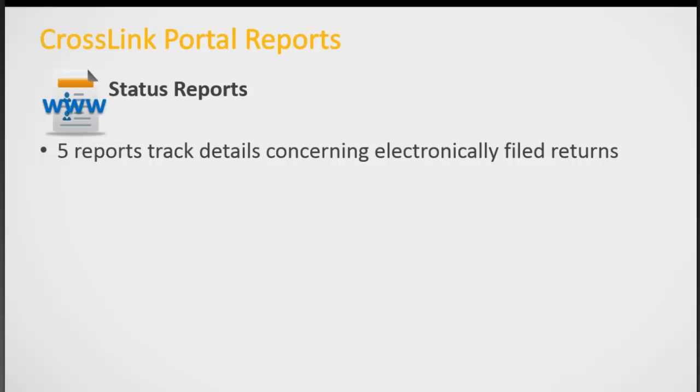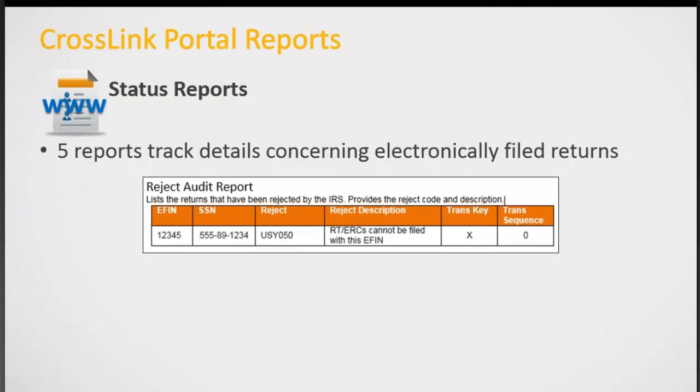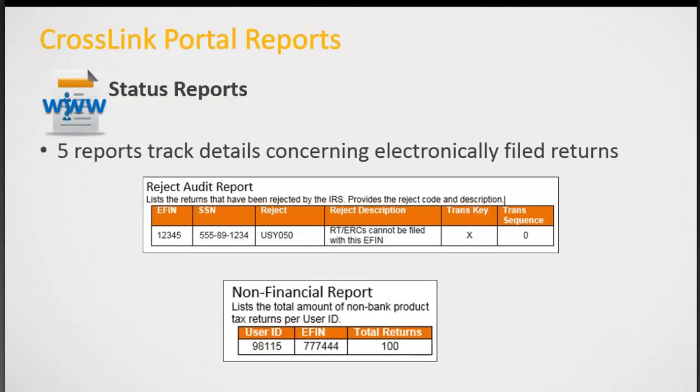Lastly, on the customer portal, we have status reports. Our number one call to support has to do with the statusing of tax returns. Where's my check? Or this return looks stuck. Can you help me? We have 5 reports out there that will let you see some things before you call support and remain on hold.